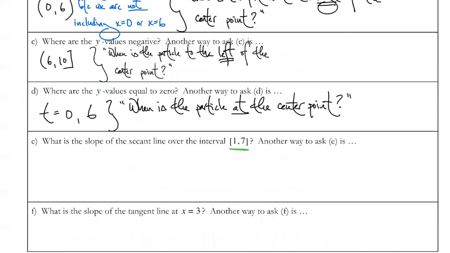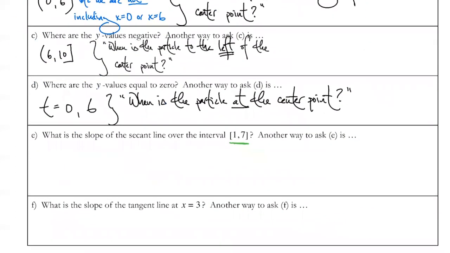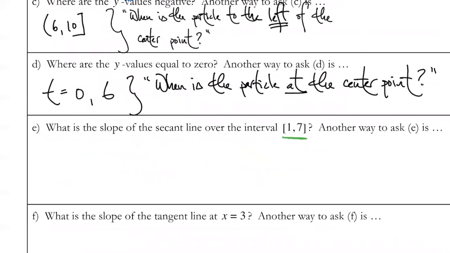So to find the slope between these two points, I want to plug things into the slope formula. Y values go on the top, X values go on the bottom. We're going to be really careful about our signs here.